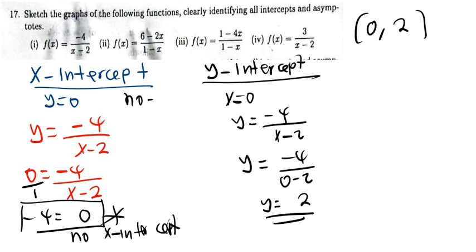Who has got questions here before we go to asymptote? Any question? Okay, everything is super.